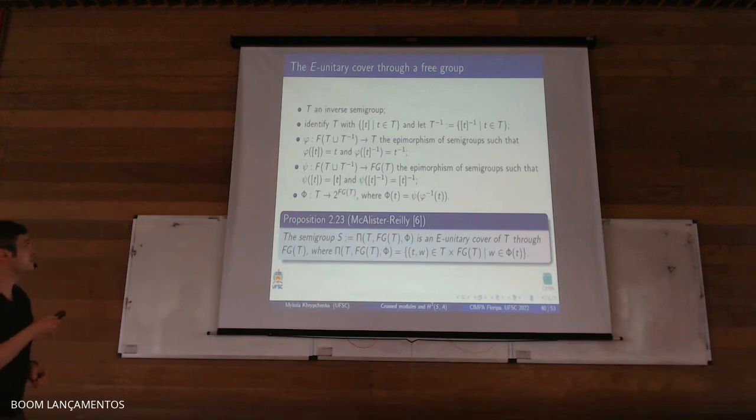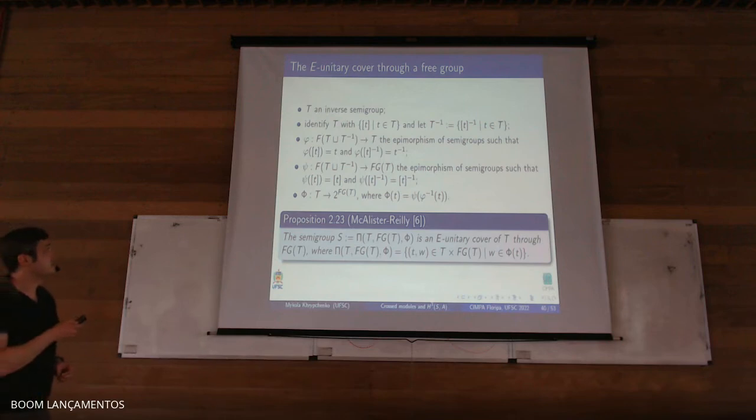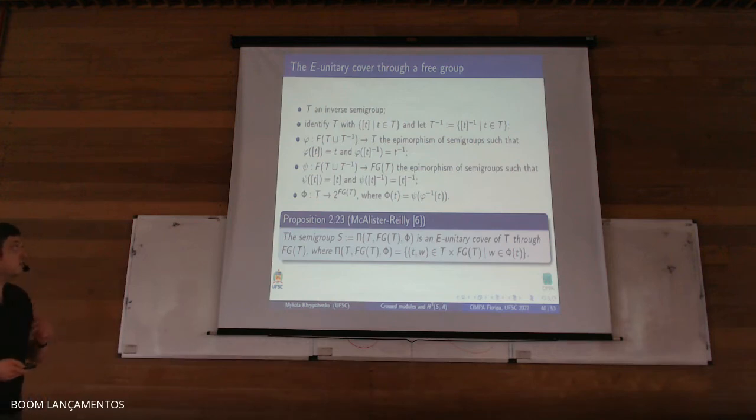You have an inverse semigroup T. Consider its elements as letters, but you also take the formal inverses of those letters. And you consider the usual free semigroup, not inverse, over this alphabet. Of course, you have this epimorphism, which sends the letter to the corresponding element of the inverse semigroup.